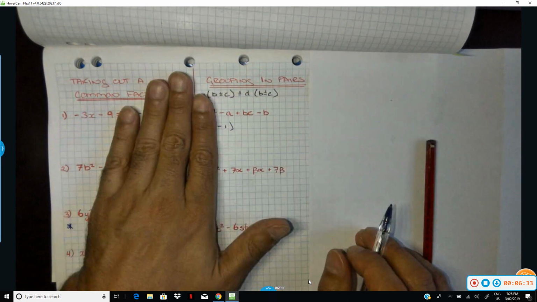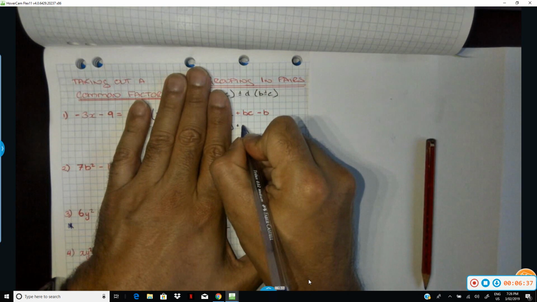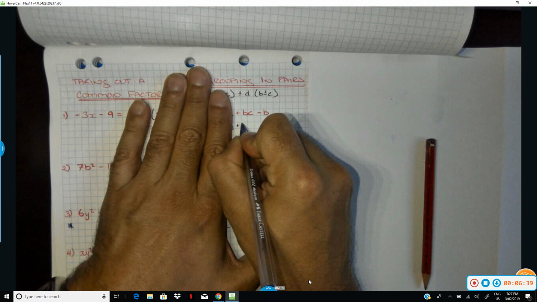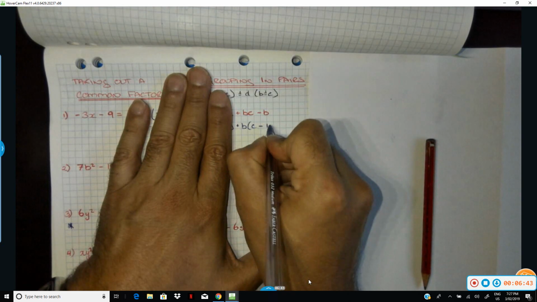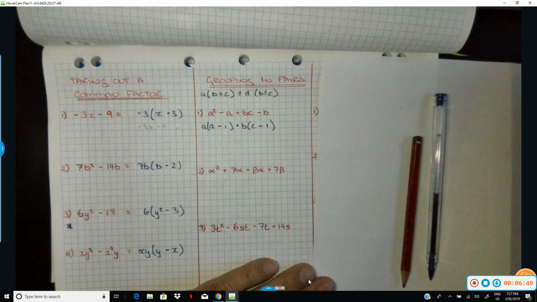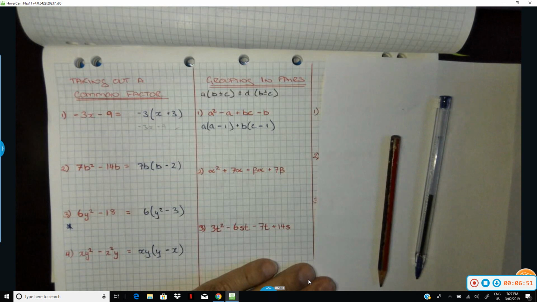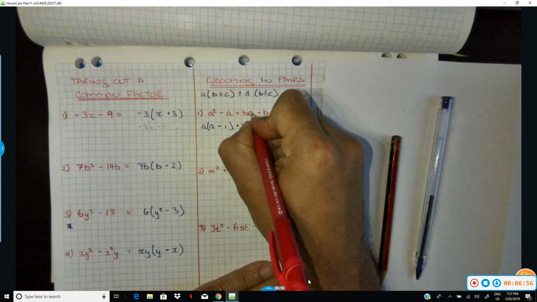If I now look at this part, I'm going to take a common factor out of here. It's going to be b, c minus 1. Sorry, that's supposed to be a. Okay.